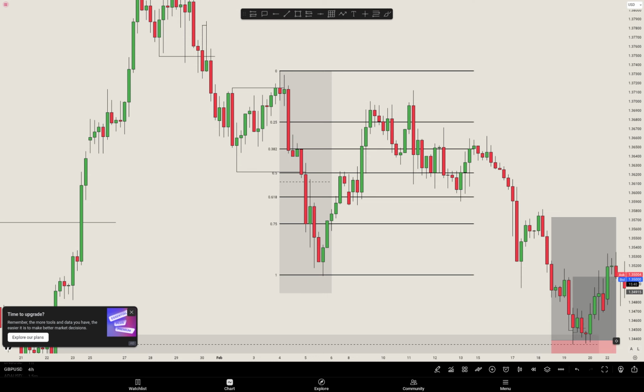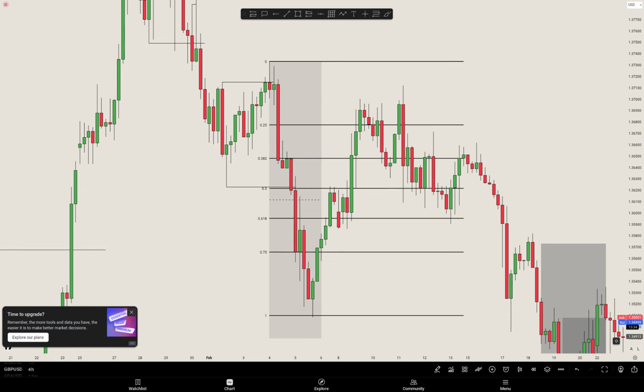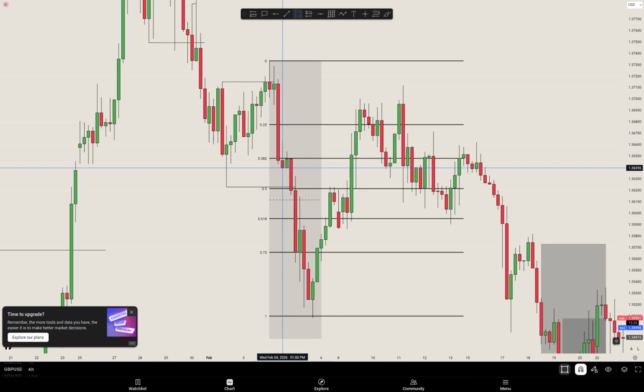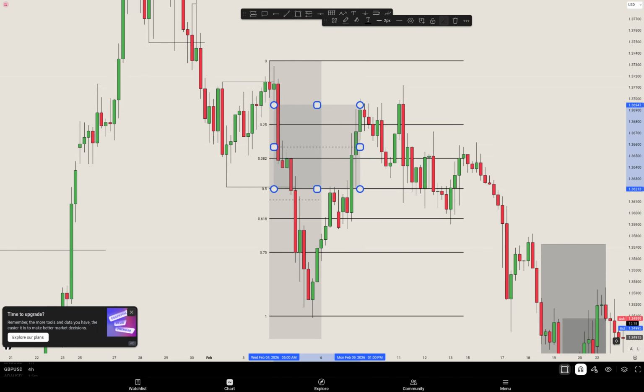Now we can see that from here now, all the zones that are showing here, this FVG, we have an FVG here that the market likely sells from. We have this fair value gap here.